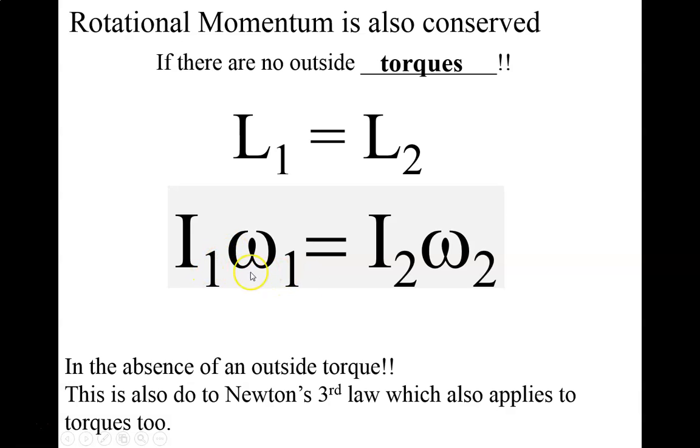And we can expand that by saying I1 omega 1, my initial rotational inertia times my initial rotational speed, equals my final rotational inertia times my final rotational speed. This also has to do with Newton's third law, which makes this a definite situation that is true.